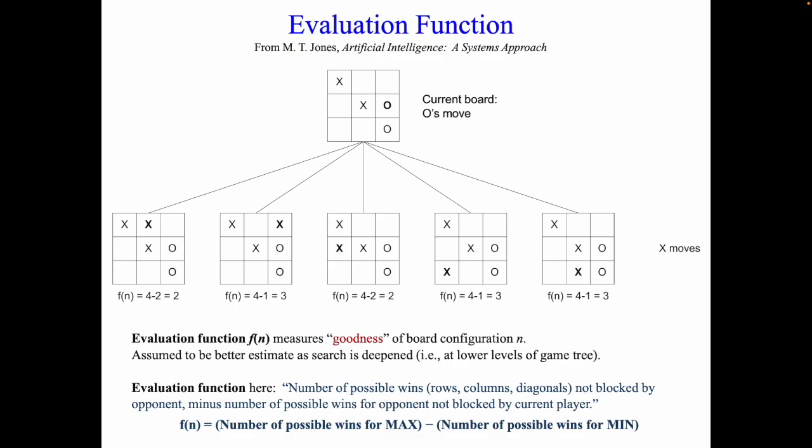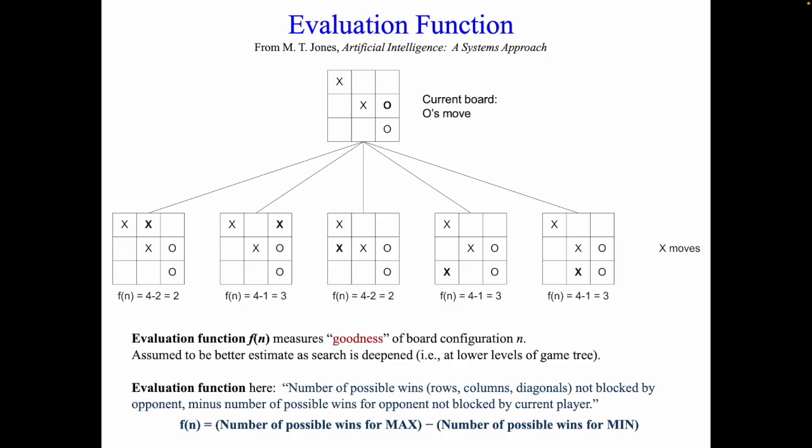How about the second row? Do we have any possibility for X winning here? No, that's blocked. How about the third row? Blocked. So far 1. Now go to the columns. In the first column, does X have a possibility of winning here? Yes, if we have all X here, X can win. So there is 1 possibility here. Second column, yes.